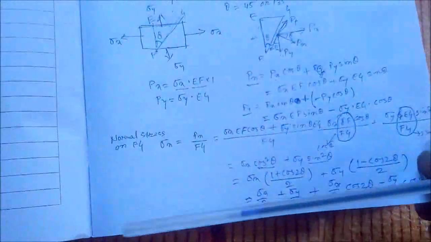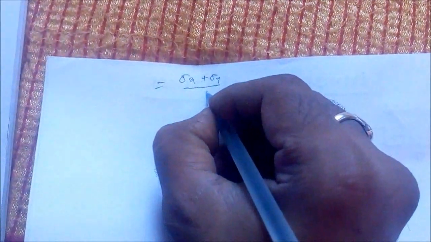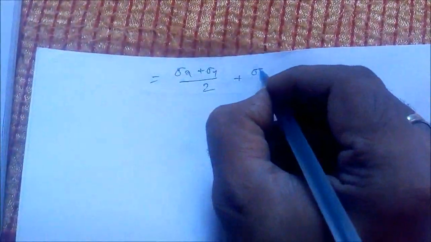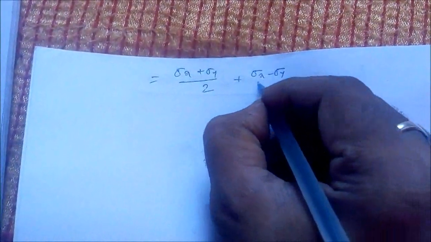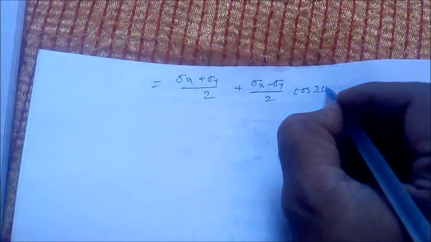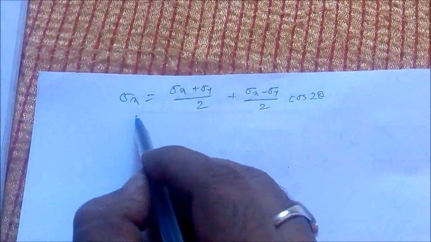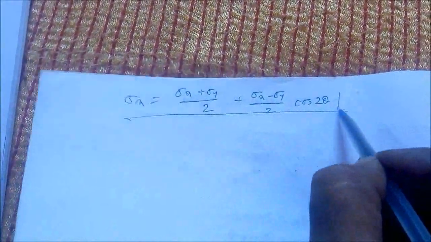Now if we again simplify this, we will be getting (sigma x plus sigma y) by 2 plus (sigma x minus sigma y) by 2 cos 2 theta. What is this value? This value is sigma n.